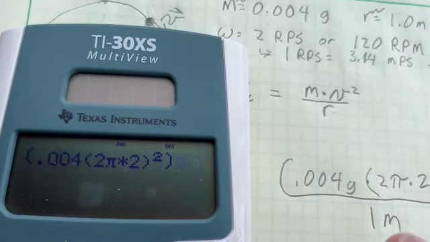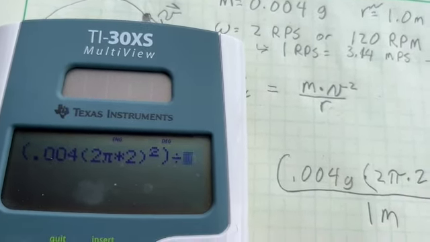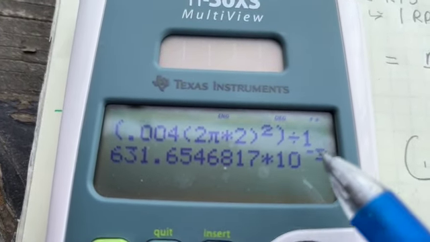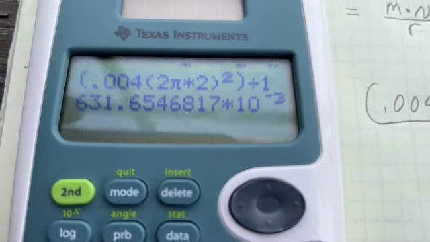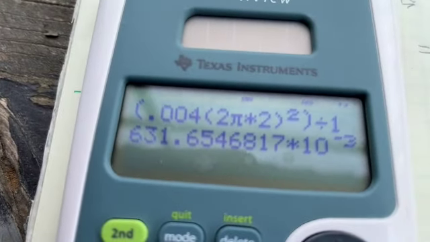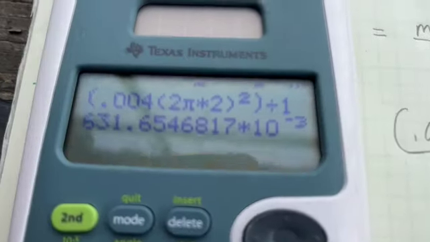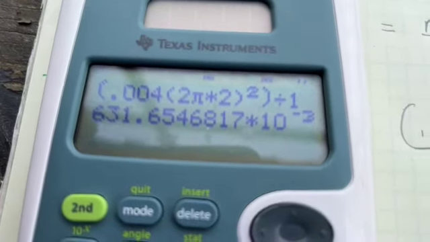Close that parentheses, and we're going to divide that by 1 meter. Enter. 631.65 and so on, times 10 to the negative 3. So this equals 0.631.